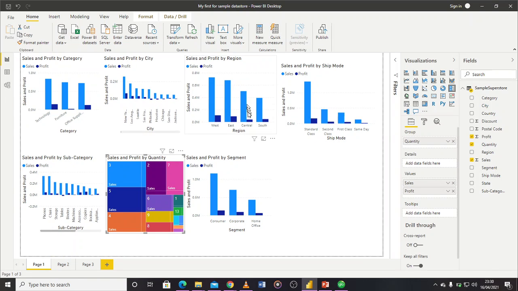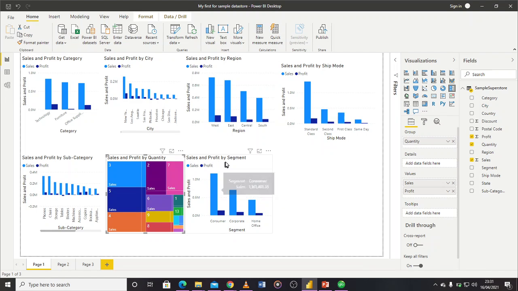By region, the west has the highest sales and profit, while the south has the lowest profit and sales. That is an area where improvements can be made, and more profit can be made.